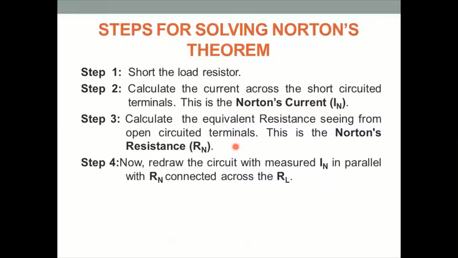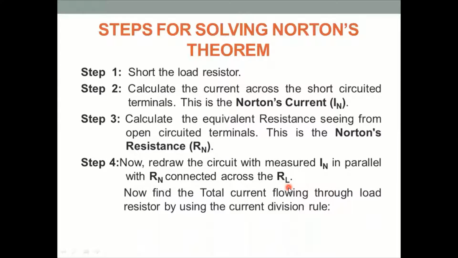Coming to the fourth step, we are going to redraw the circuit with one current source, that is IN, in parallel with one resistor Rn, which is connected across the RL. In order to calculate the current flowing through the load resistor, here we are using the current division rule.